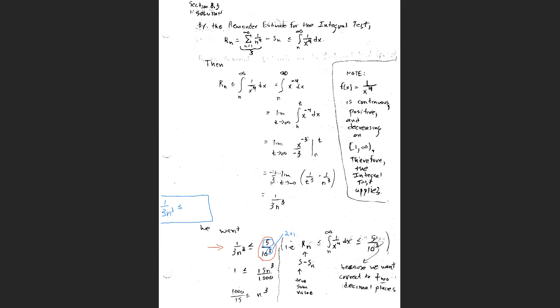That's correct, Michael, 5 is for the rounding, so you round in the right way. Exactly. So if you wanted your estimate correct to 7 decimal places, then 1 over 3n cubed would be less than or equal to 5 over 10 to what power? That's right, 10 to the 8th power. So all there is to it, really.